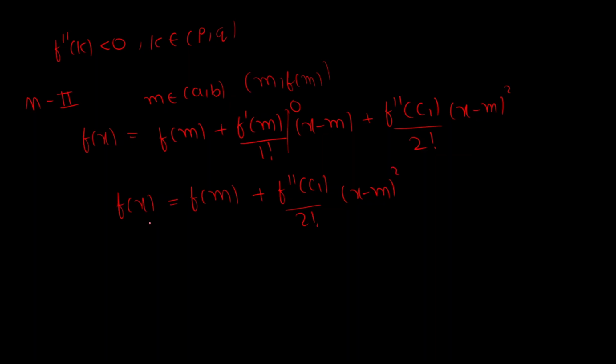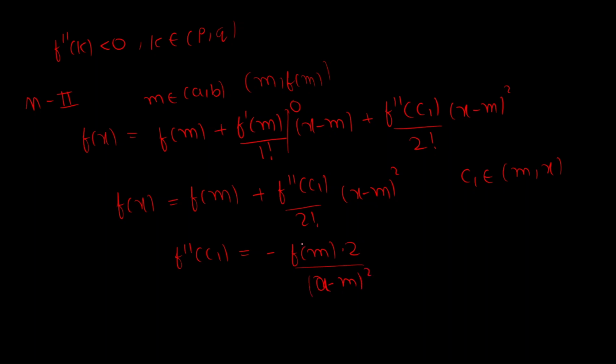Now c1 will belong to (m, x). If I put x equal to a, I will get f double dash of c1 as minus f of m into 2 divided by (a minus m) whole square.